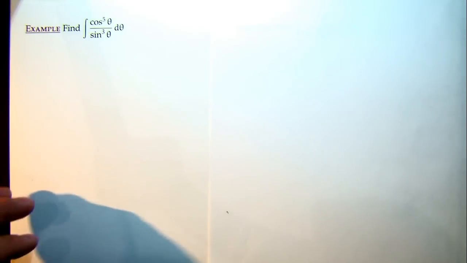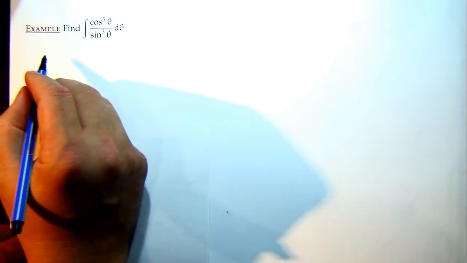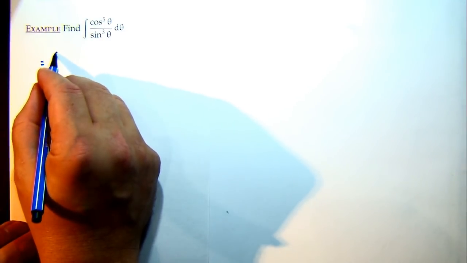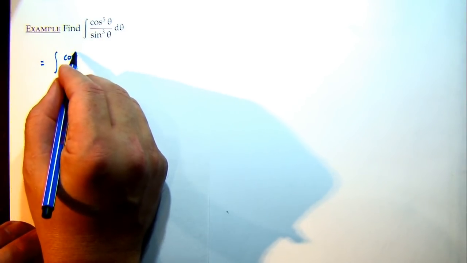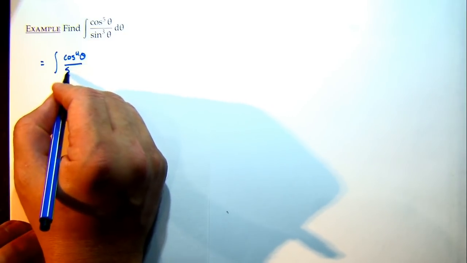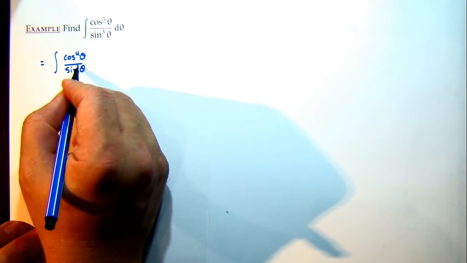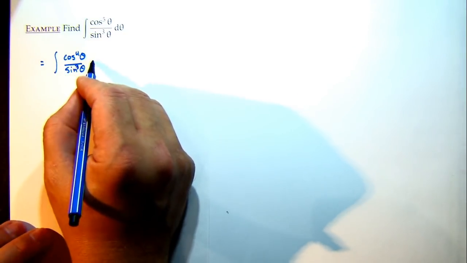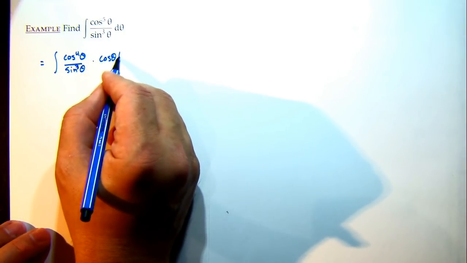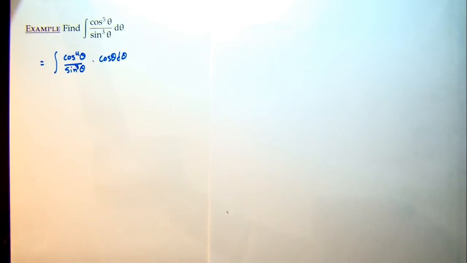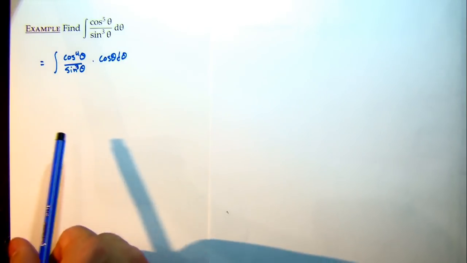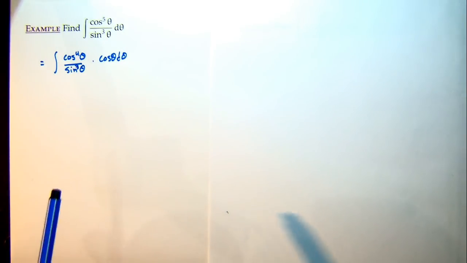And so we say, okay, let's pull off the odd one upstairs. If I do that, I'm going to have cosine to the 4th theta over sine cubed theta, and then a single cosine. So I'm pulling off one of my odd terms, because I'm setting myself up for a substitution. The substitution is going to be whatever gives me the derivative as cosine. That tells me I should make my substitution be sine.